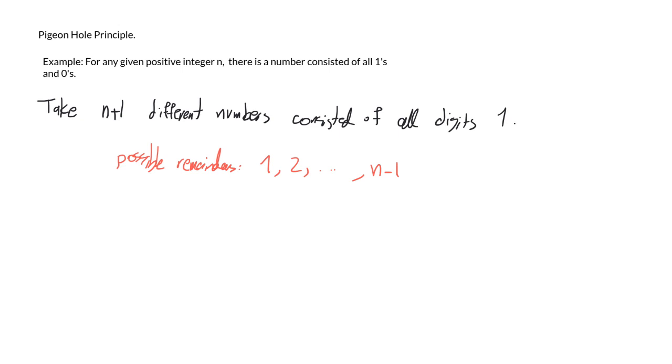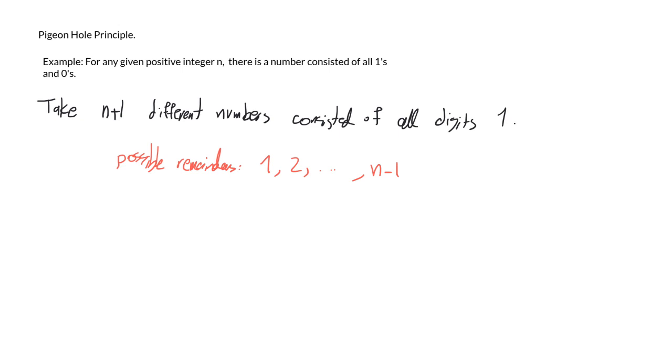And these are n. If there was already a remainder 0, then we had found what we wanted. Therefore, we exclude 0, and we see that there are n remainders. But we have chosen n plus 1 different numbers, and therefore, by the pigeonhole principle, two of these numbers that we have chosen have the same remainder.